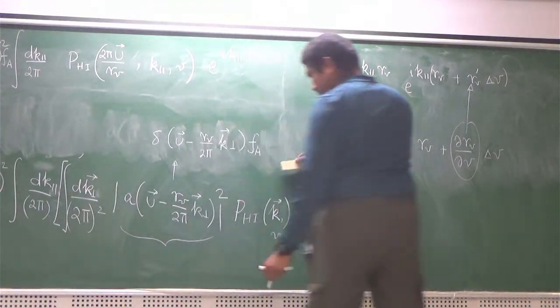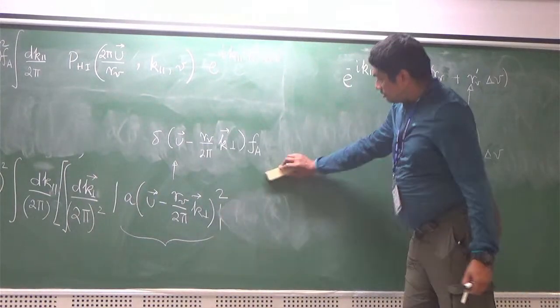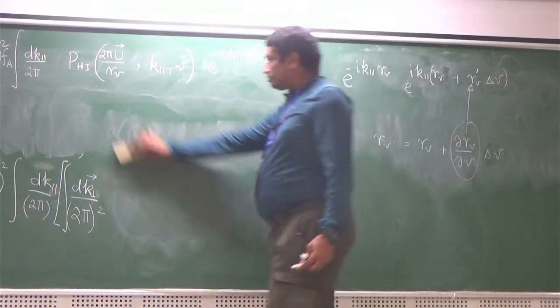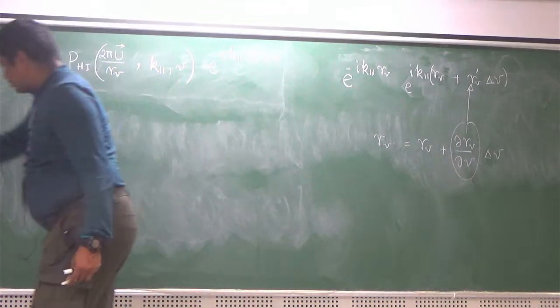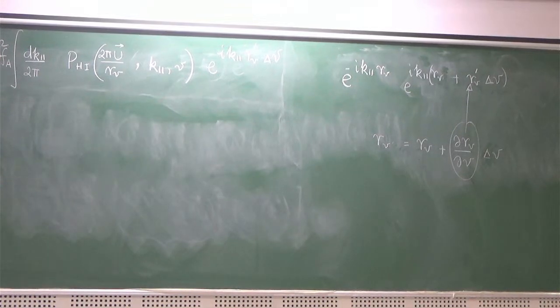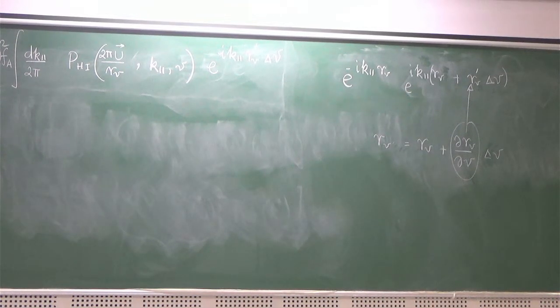Any question? Yeah. Right. I consider the square to be a delta function. Actually, you can take them separately and then square them and see it.